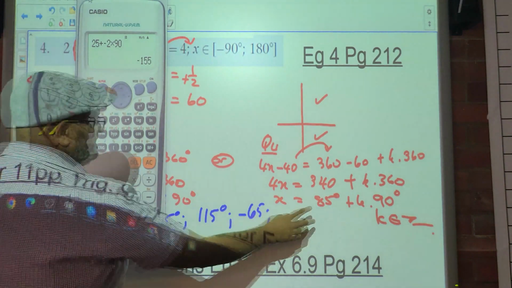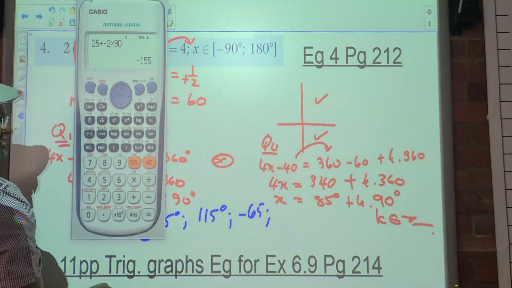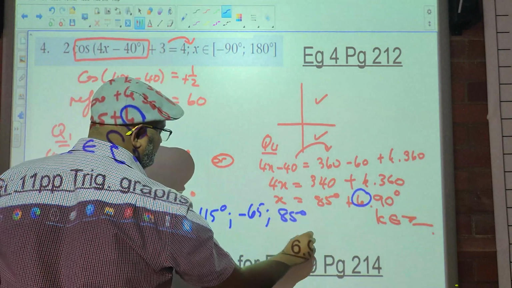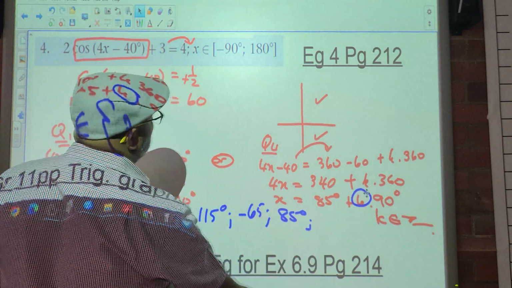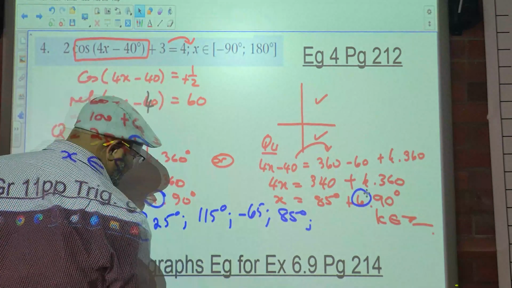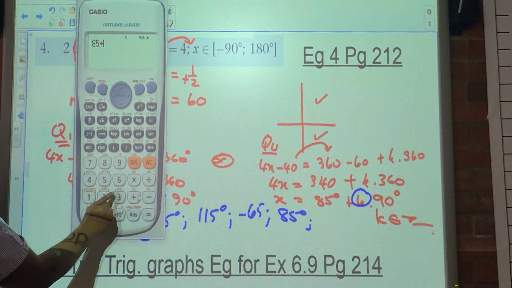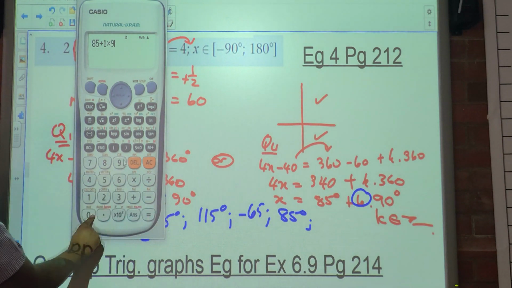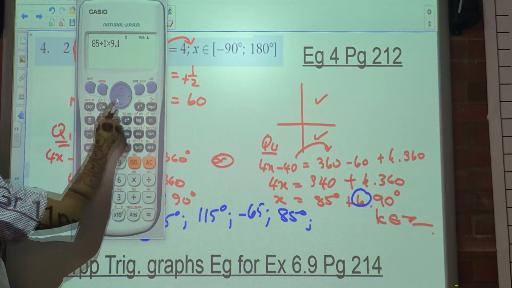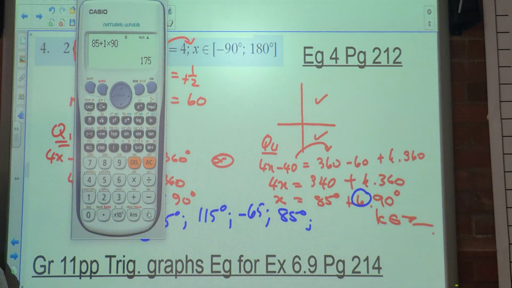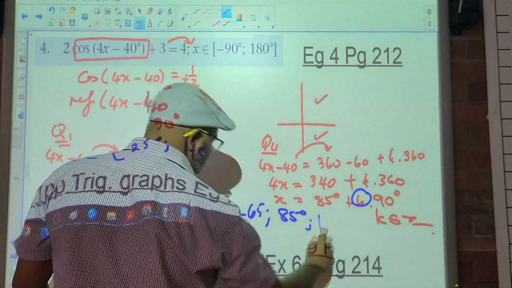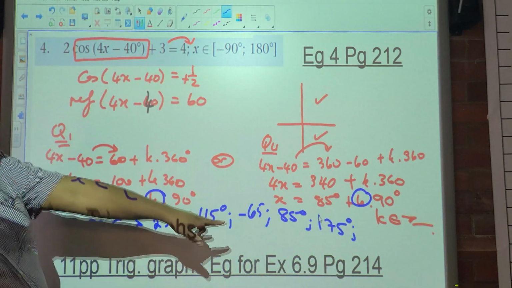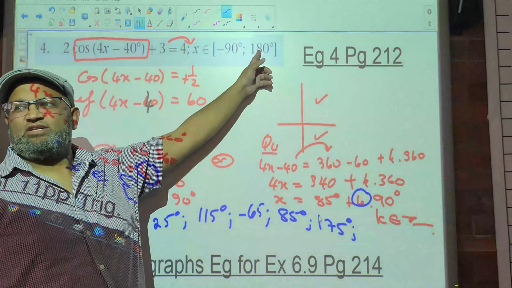Of course, if you put 0 in here, I'm going to get 85. I'm replacing k now with 0, so I'm going to get 85. 85 plus 90 is 175. If I put 1 in there, so 85 plus 1 times 90, sorry, it will be 175. If I put 2 in here, then it will definitely be outside.